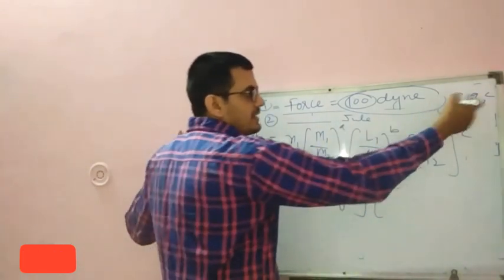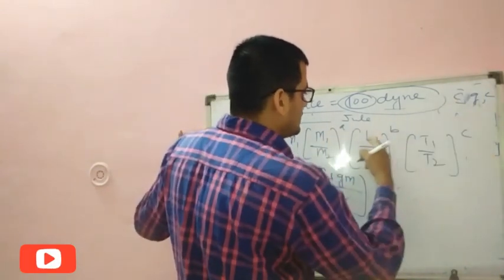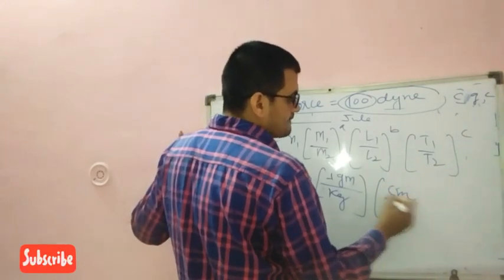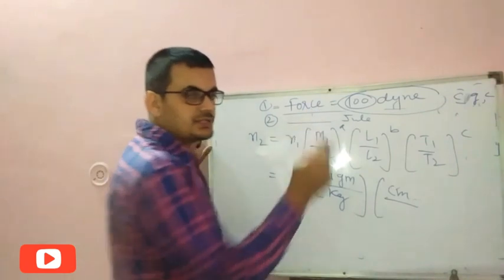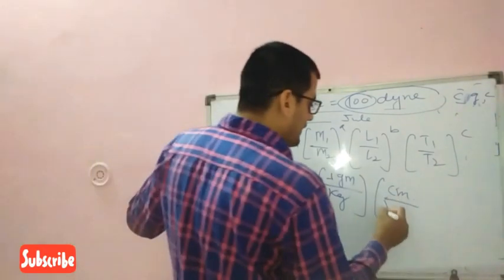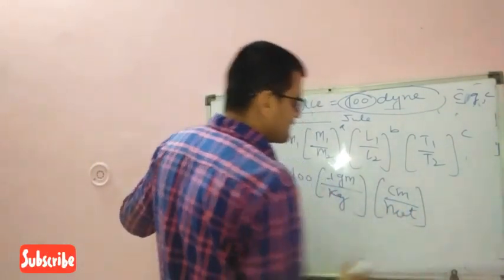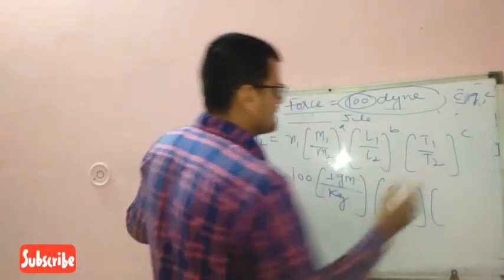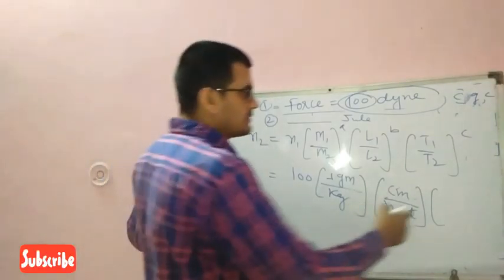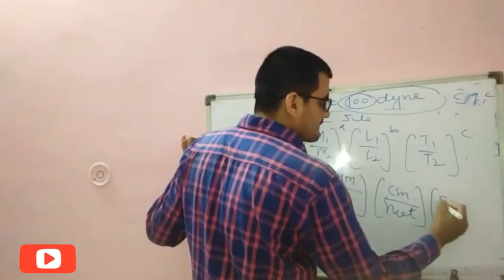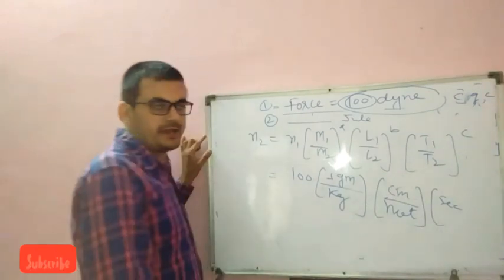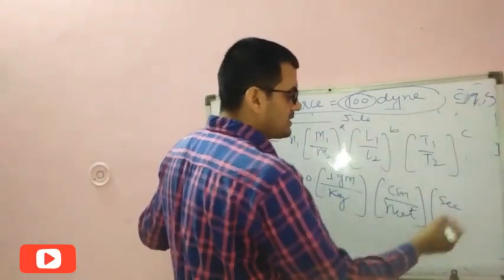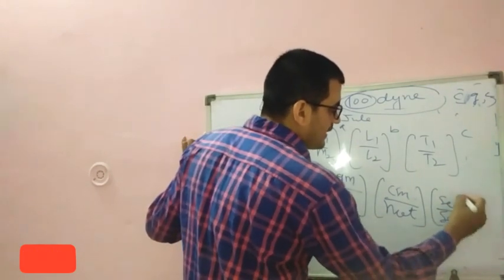Length in the first system is given in centimeter, and in the second unit system length is given as meter. The time is given as second in CGS, and in MKS again time is given in second.